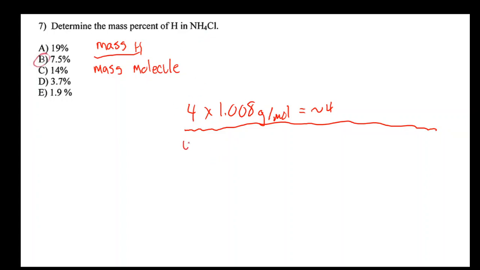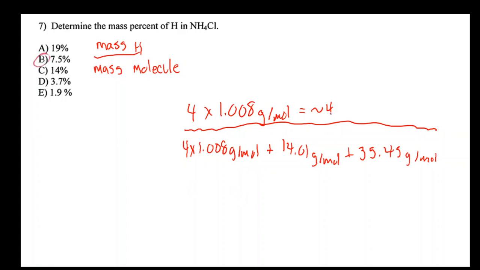So we're also going to have our 4 times 1.008 grams per mole for the hydrogen, plus our mass for the 1 nitrogen atom, so that would be 14.01 grams per mole, plus the mass of the chlorine, which is 35.45 grams per mole. So then this all added up would be your bottom.